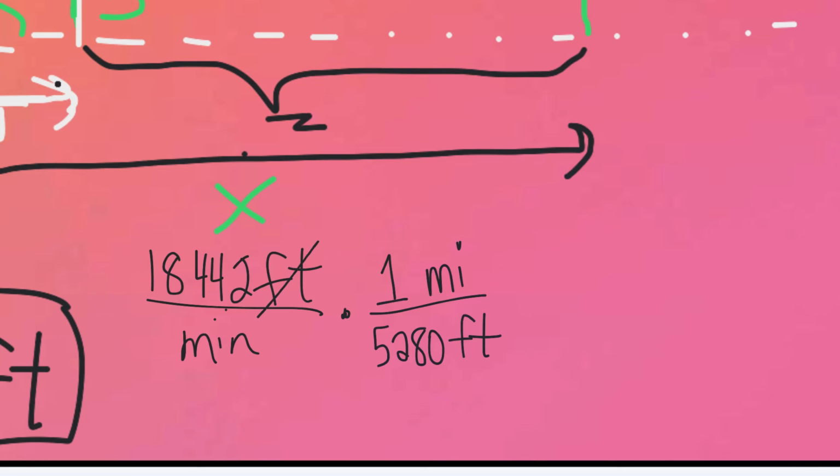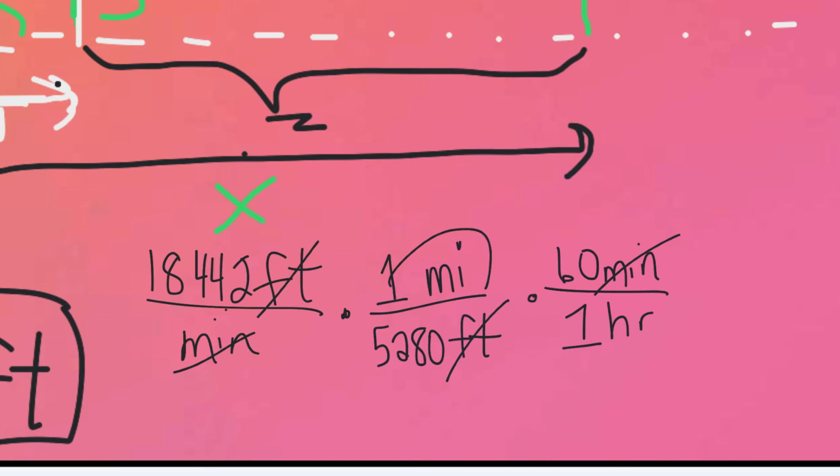And that will work by canceling those two out. And then we need to convert minutes into hours. There are 60 minutes in 1 hour. By setting it up that way, we can also cancel out these minute units, and we'll be left with miles per hour.